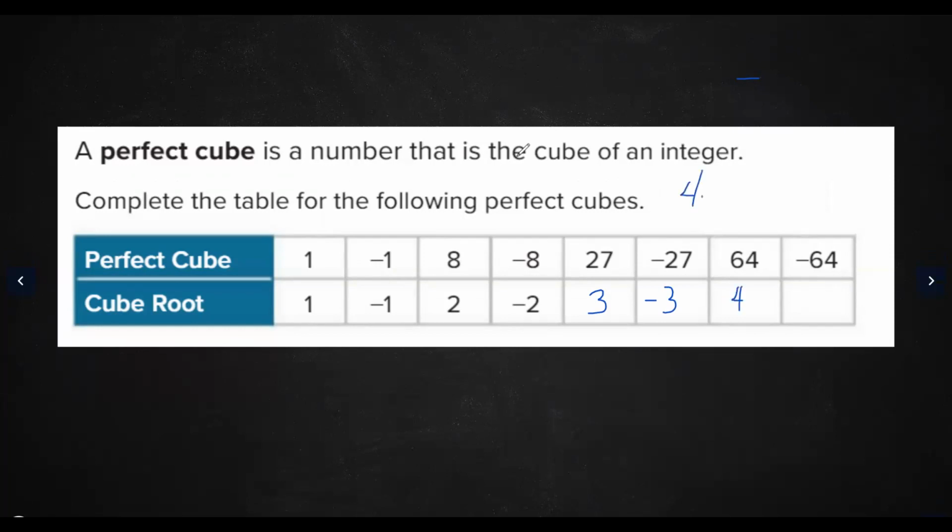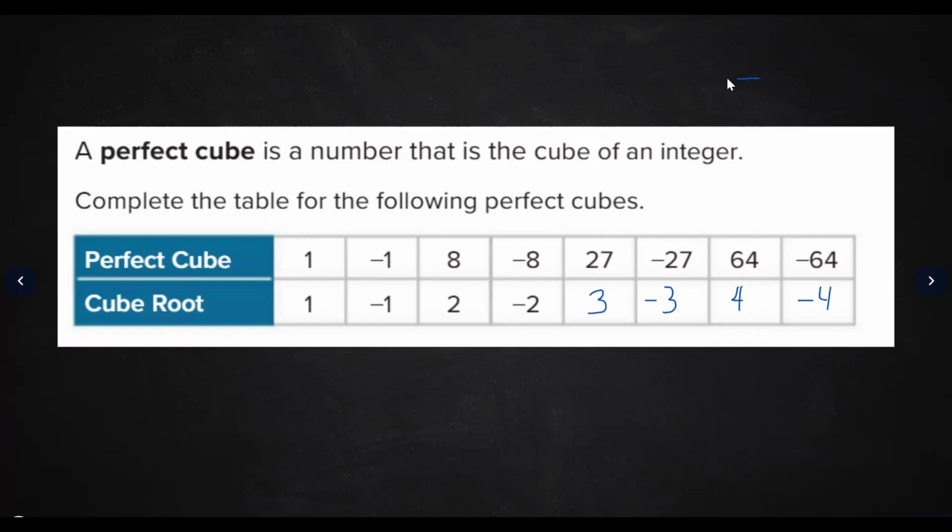Why? Because 4 times 4 is 16, times 4 is 64. But the cube root of negative 64 is negative 4. Okay, in this case, remember, we don't have positive and negative answers.